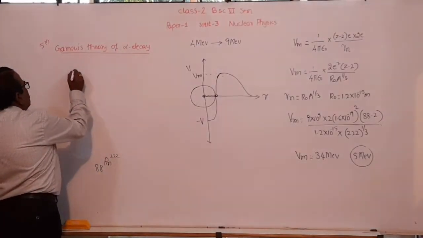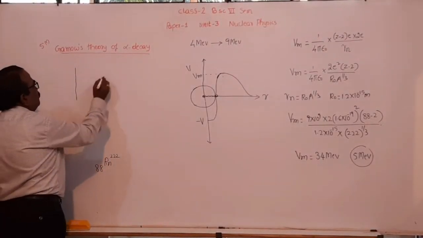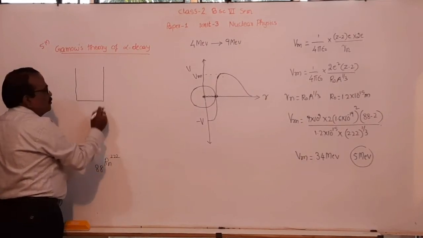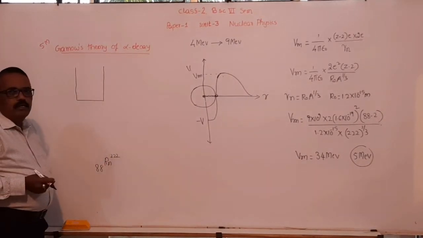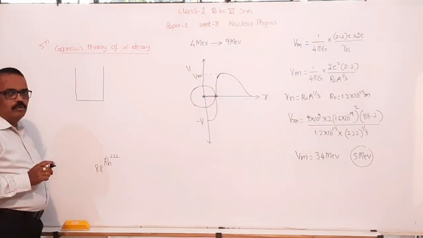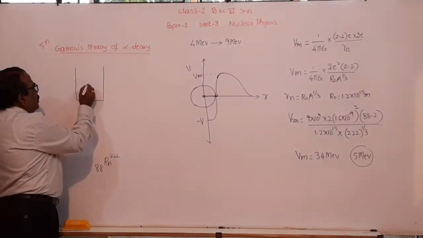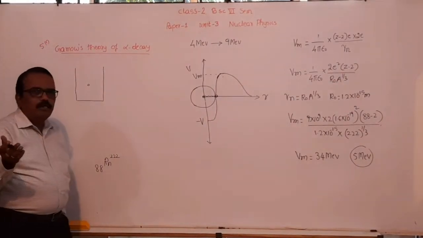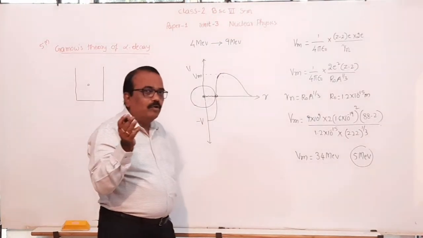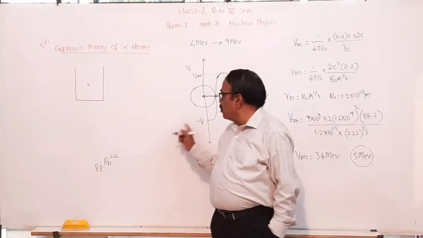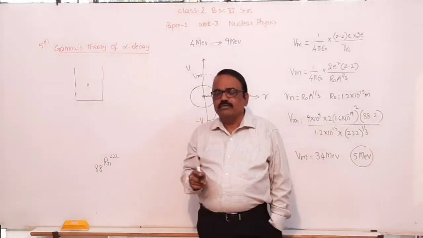You know that in a one-dimensional potential box, which I have studied in the last semester, a particle in a one-dimensional potential box moves forth and back. There is a probability of that particle coming out from the potential barrier. So this problem is similar to that one.